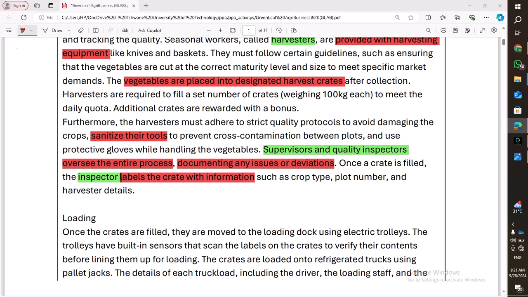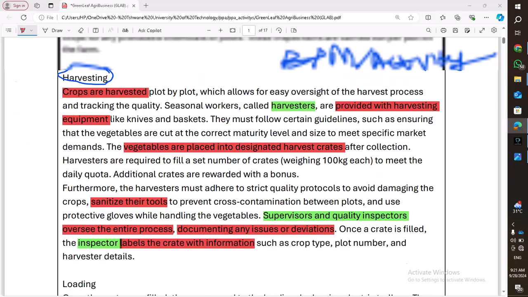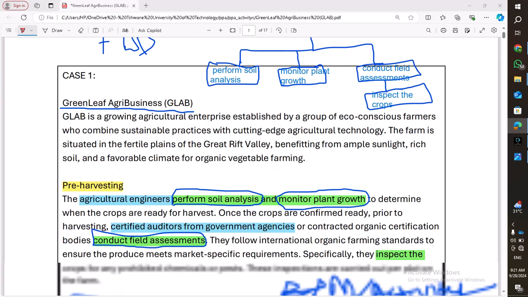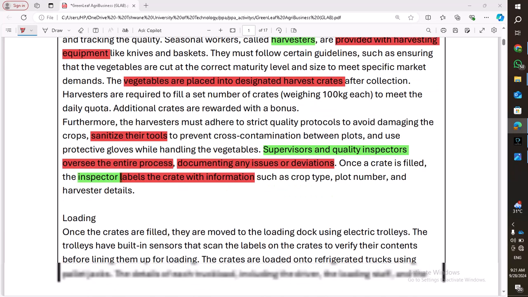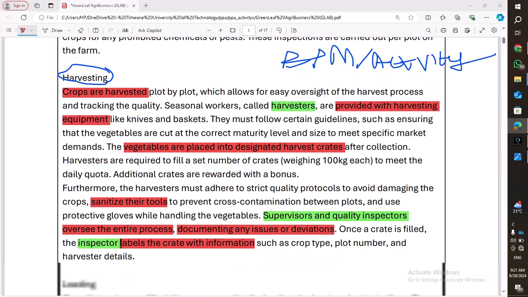So okay, how can you draw the BPM diagram? I will demonstrate, then you will go on your own, draw it, and follow these steps. First thing you have to understand is that the BPM diagram has symbols.